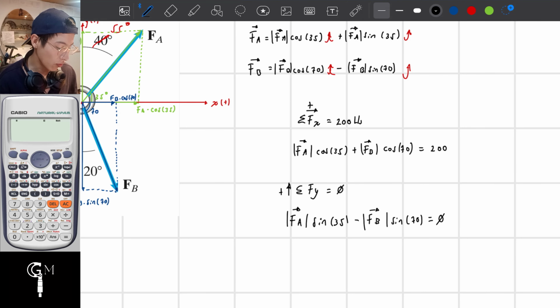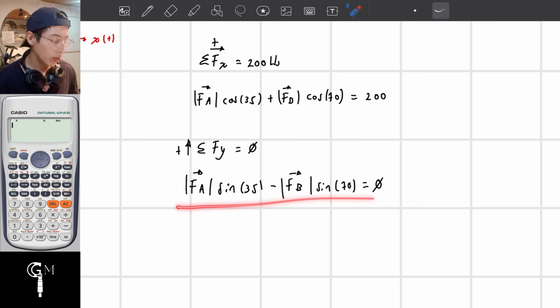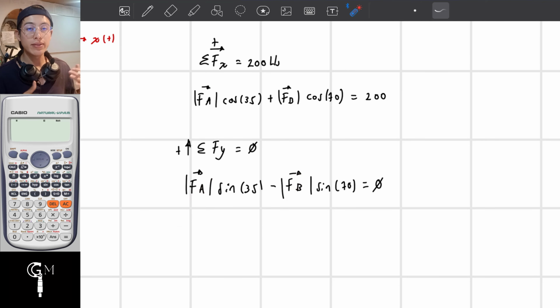This is equal to 0. Now, we have two equations and two unknowns. So we have the exact same amount of unknowns and equations. So basically the problem is solved.